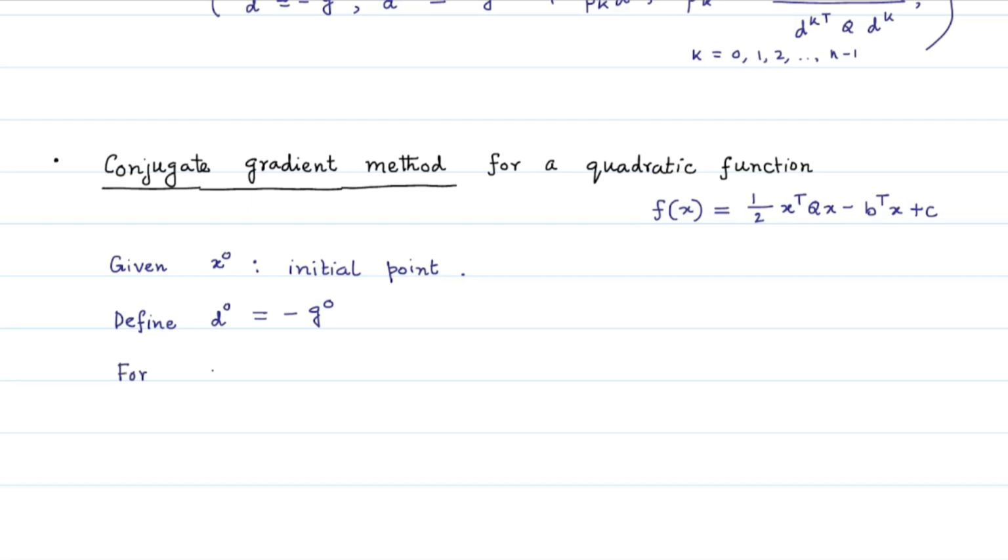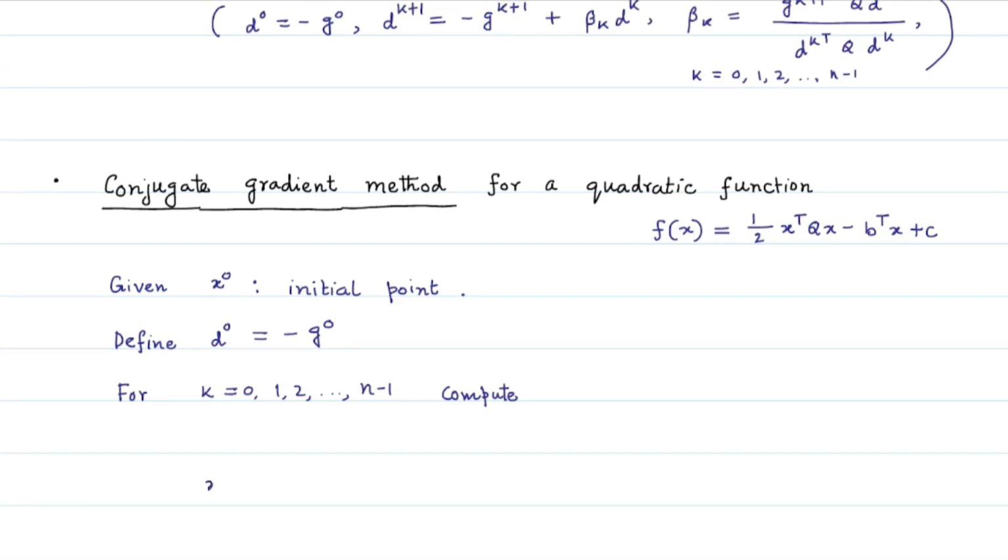Then for k equal to 0, 1, 2 till n minus 1, compute the next iterative point xk plus 1 equal to xk plus alpha k dk, where the value of alpha k is given by the exact line search along the direction dk. So the expression of alpha k is gk transpose gk divided by dk transpose Q dk.